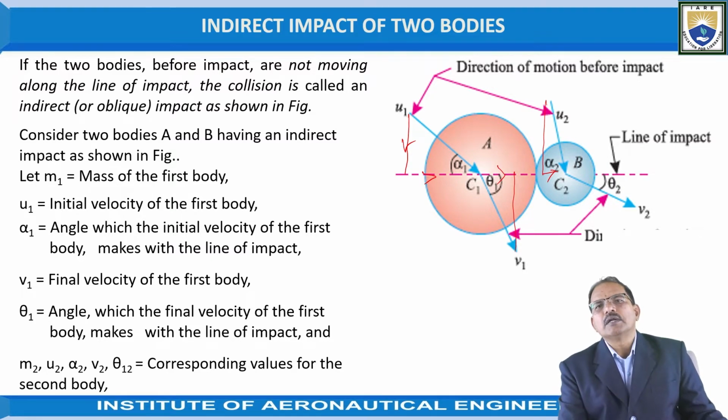Now, when the bodies collide with each other in indirect impact, the momentum of the bodies is only conserved in the line of impact direction.